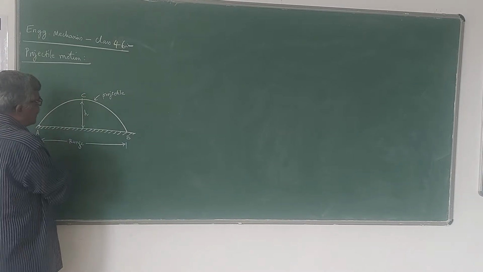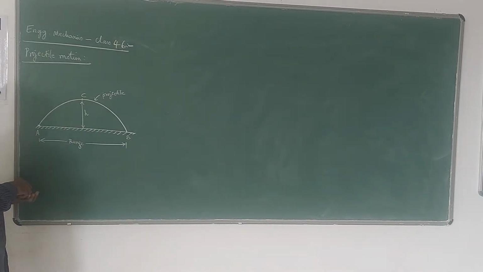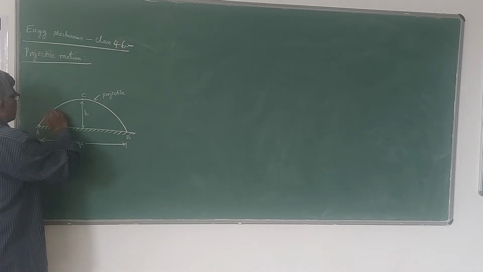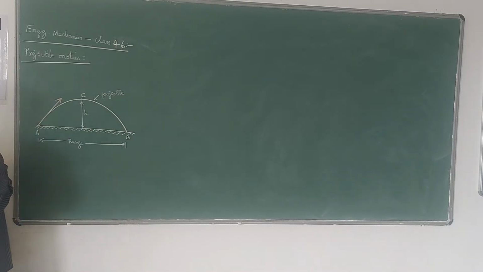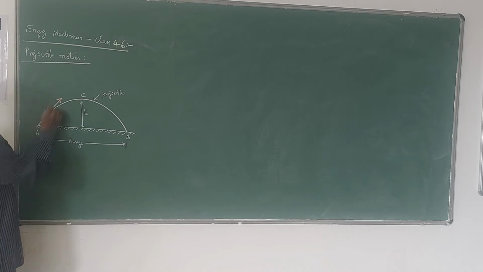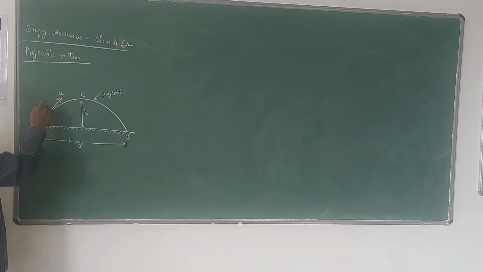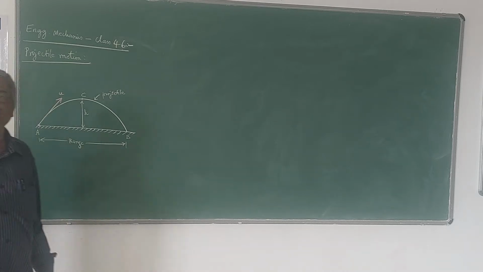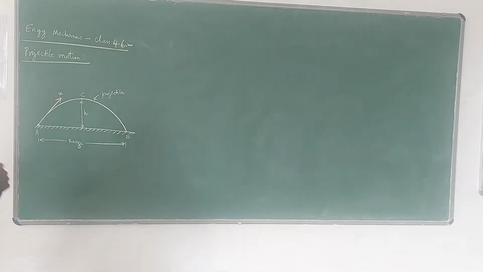I will take this point as C. If you draw a tangent, the tangent direction shows the velocity, so u is the velocity with which the projectile is projected or thrown.